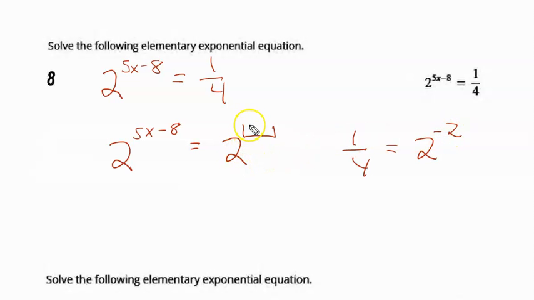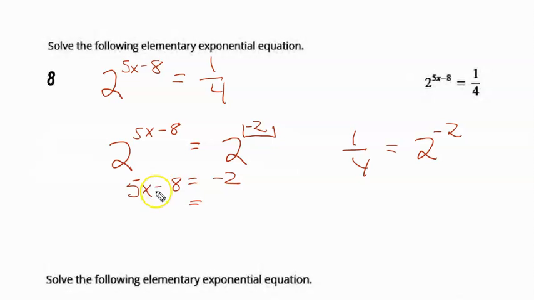So if I put up here 2 to the negative 2, this is 1/4. But now our bases are the same. So bases are the same, you set up your equations.